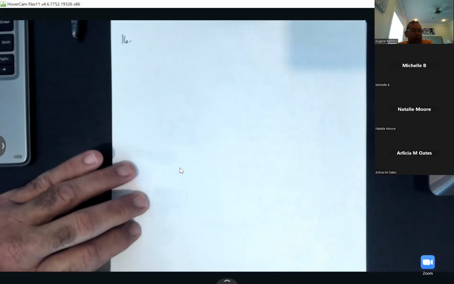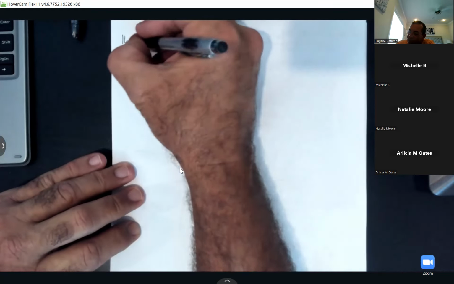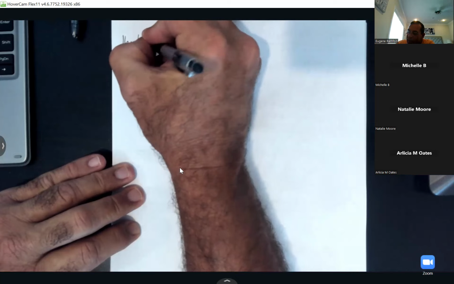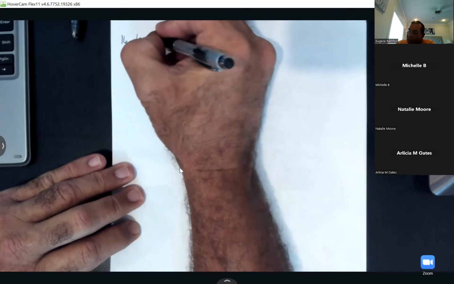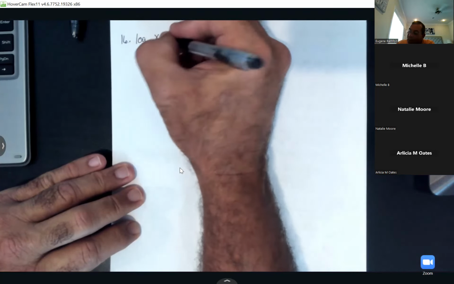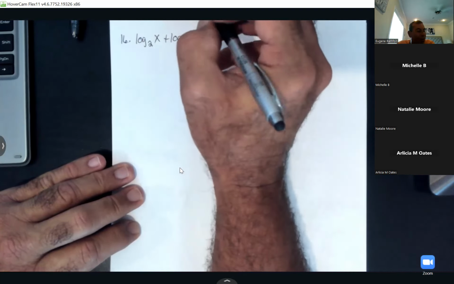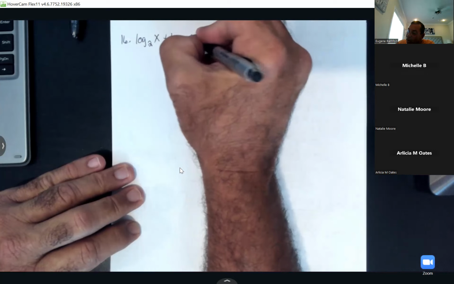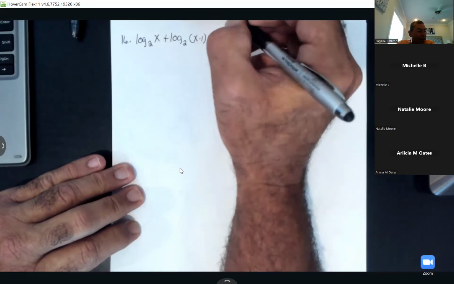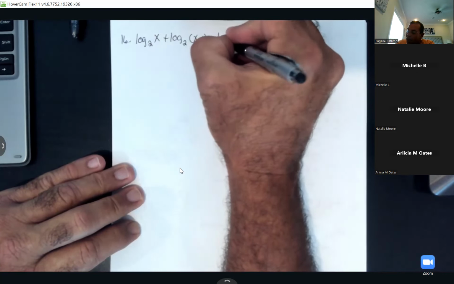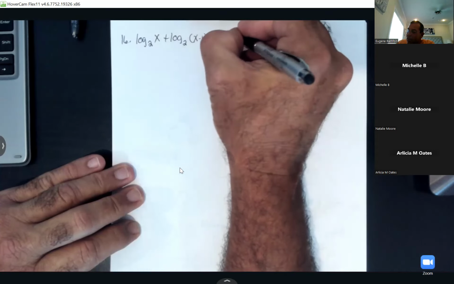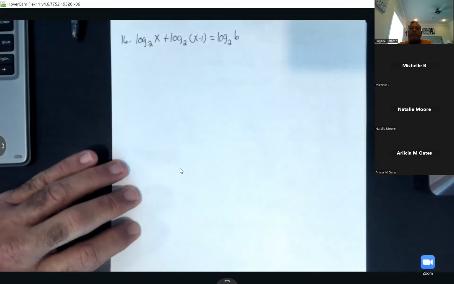All right, 16. Oh my God, look at all the logs on this one. Log base 2 of x plus log base 2 of x minus 1 is going to equal log base 2 of 6.